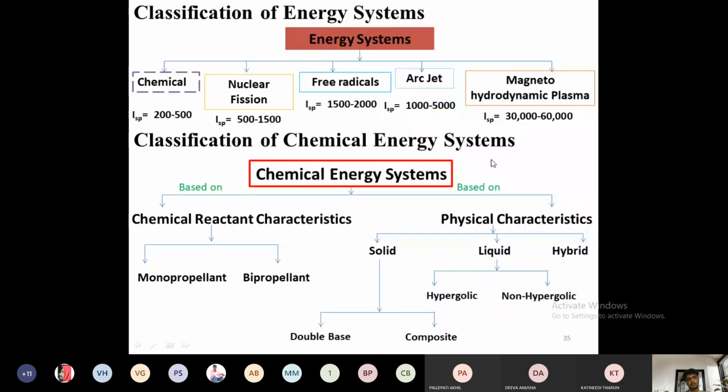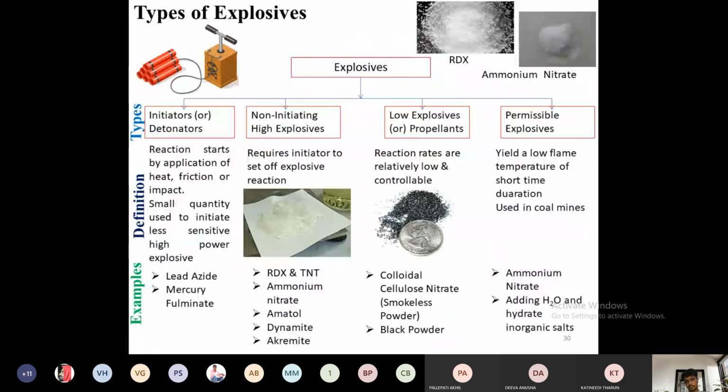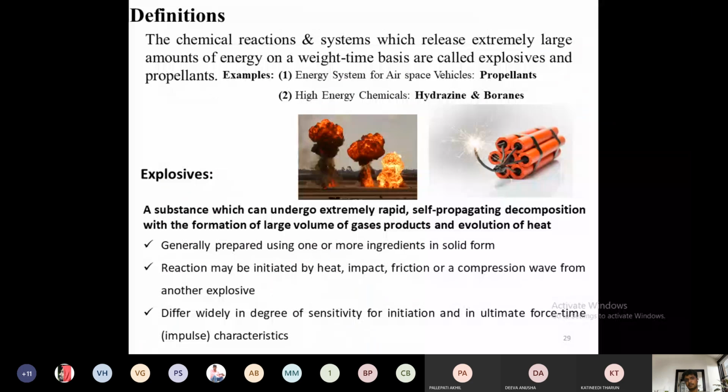Okay. The next topic is the classification of energy systems. We already defined energy systems in the introduction. Energy systems are high energy chemicals which give an extremely large amount of energy with the explosion of gases by burning, on a weight to time basis, dW by dt.